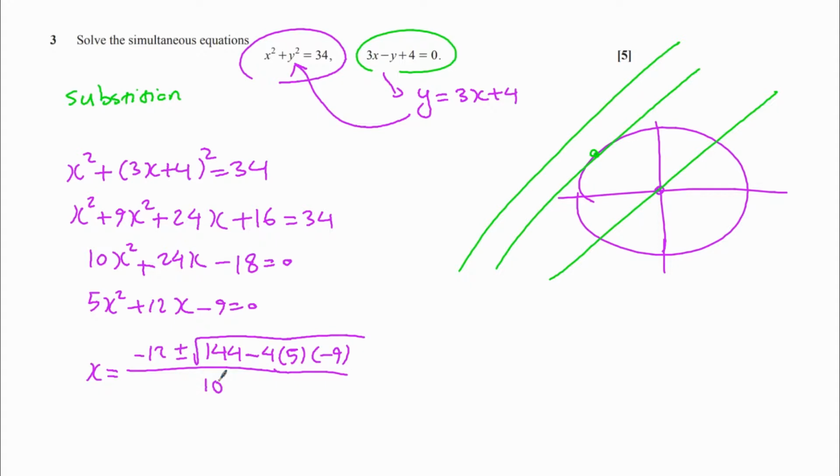That would be 324 under the square root. Square root of 324 is 18. So this would be minus 12 plus minus 18 divided by 10.